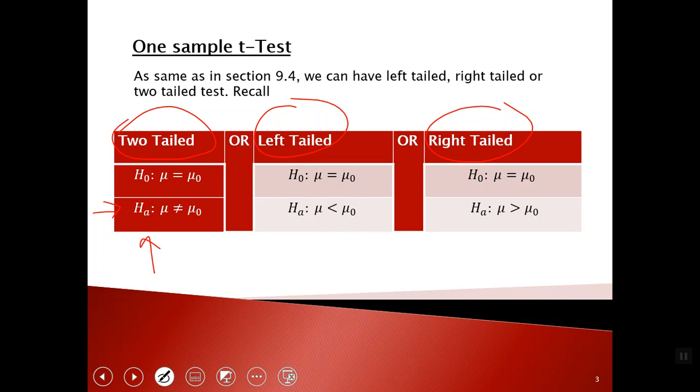H naught is always the same, mu equals mu naught. So if you have mu less than mu naught, you have to deal with left tail. If mu greater than mu naught, then you have to deal with right tail test. Same as Z test, it doesn't change.